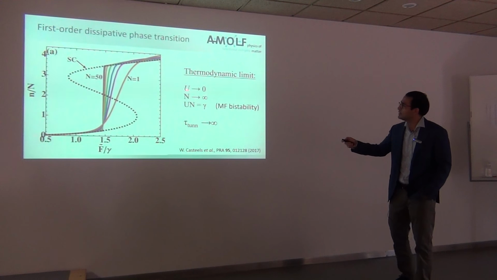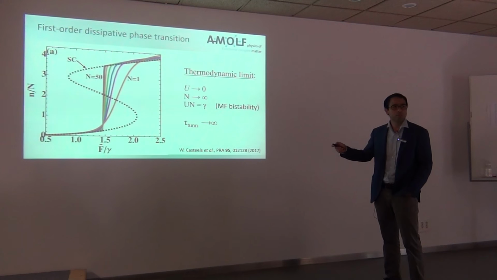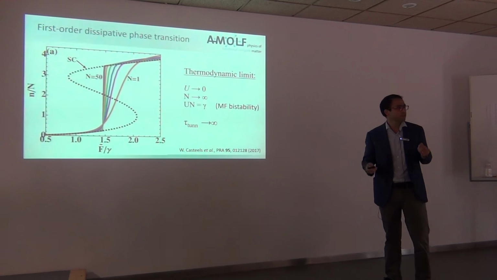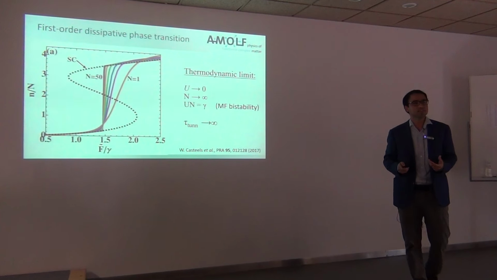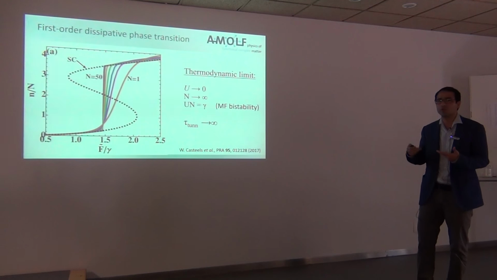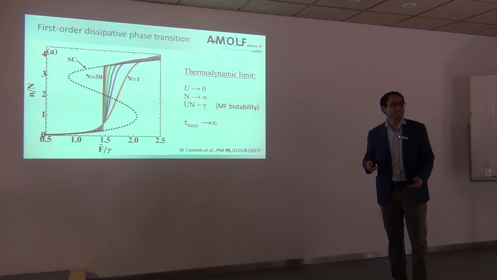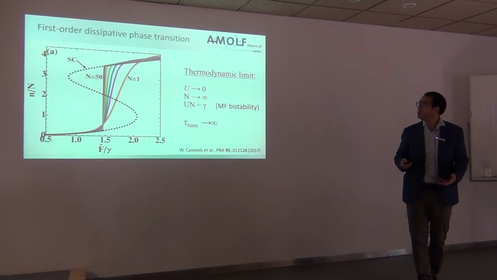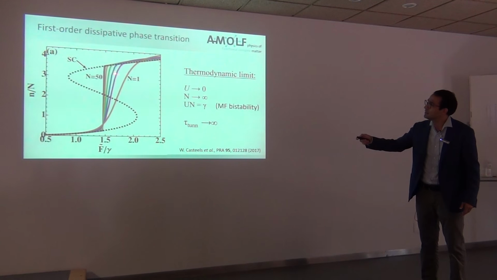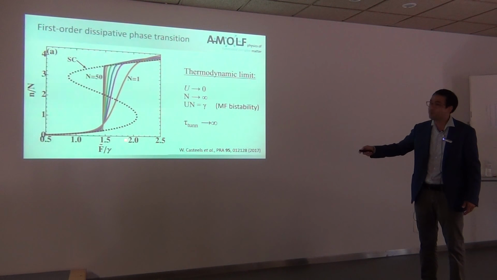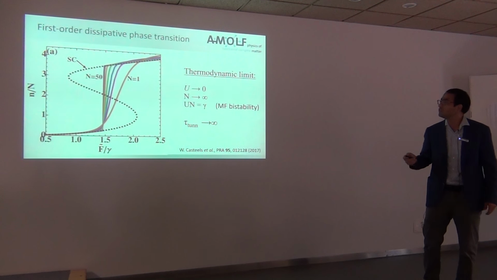If you let the nonlinearity tend to 0, but you let the density tend to infinity, and you keep the product constant, of order gamma, and therefore you have bistability, then the tunneling time diverges. And in these limits, fluctuations are negligible. And so you see that the density becomes, rather than this very sloped curve as a function of the applied field, kind of discontinuous, as you expect for a first-order phase transition.